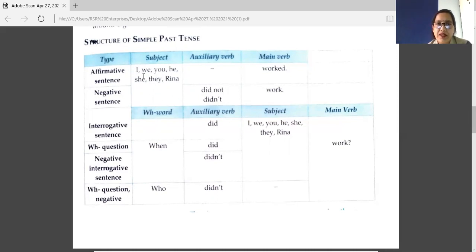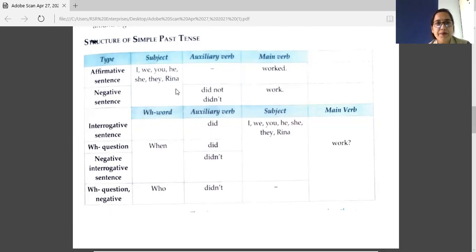So subject, whether it is singular or plural: I, we, you, he, she, they, and one name is given there, Reena. You have to use did only. It's not like present tense do or does. Did you have to use whether the singular subject or plural subject.